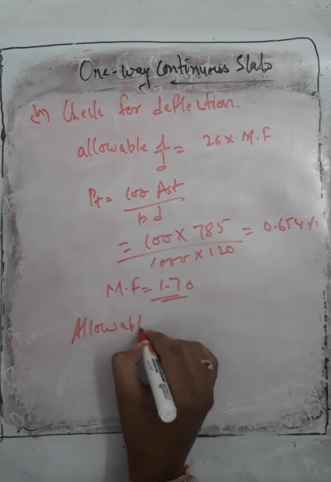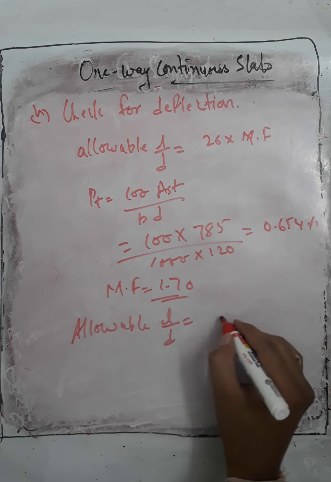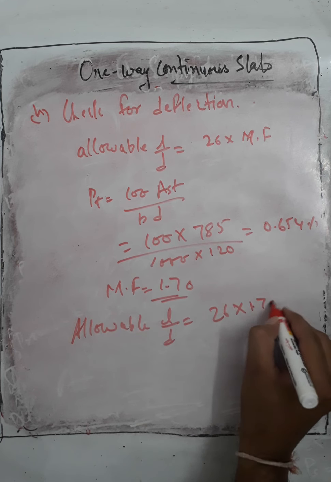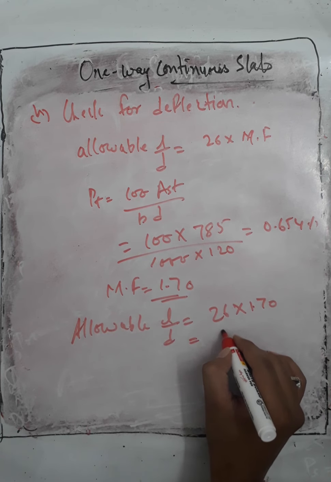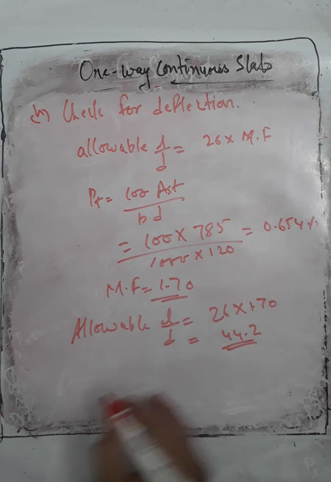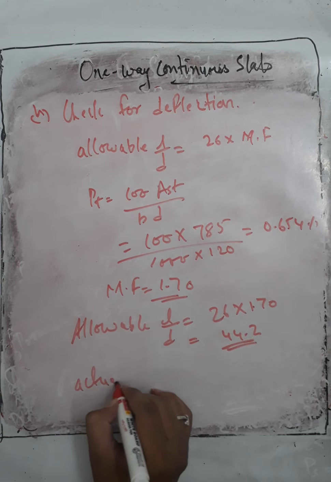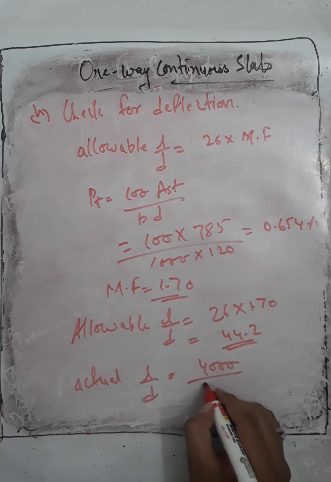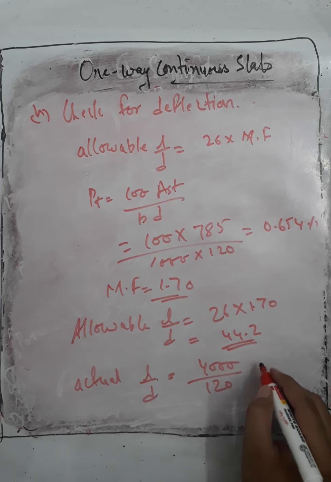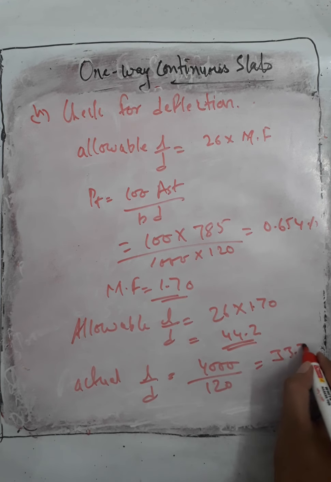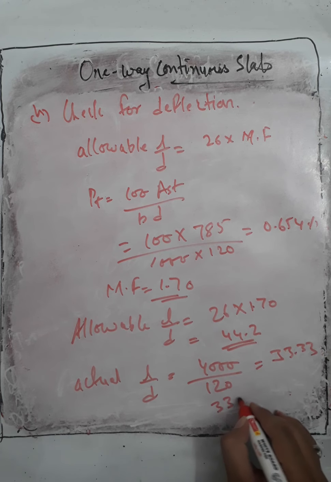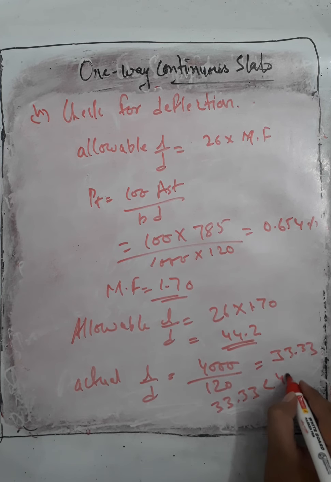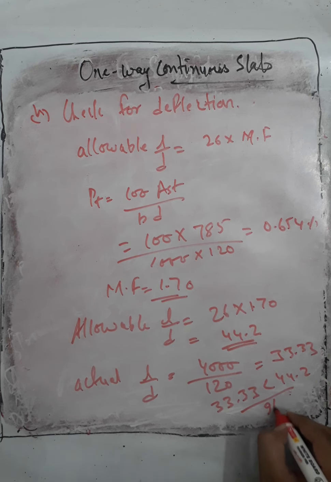So here the allowable L by D is equal to 26 into 1.70, so you get 44.2. And for the actual L by D, L is 4000 and D is 120, so you get 33.33. So 33.33 is less than 44.2, which means it is safe.